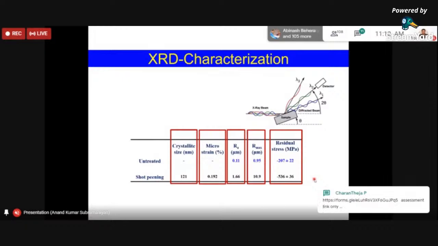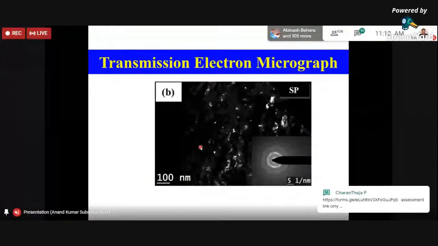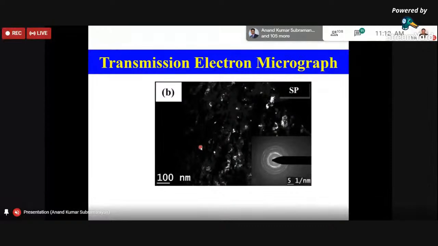And if we do a TEM analysis on this shot peened layer, one can find that the grain size has decreased to the nano regime. All these bright spots correspond to the crystallites on the treated layer.